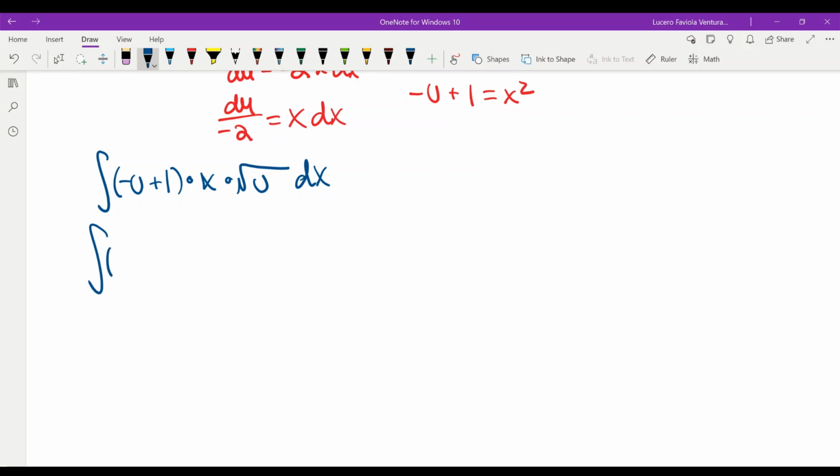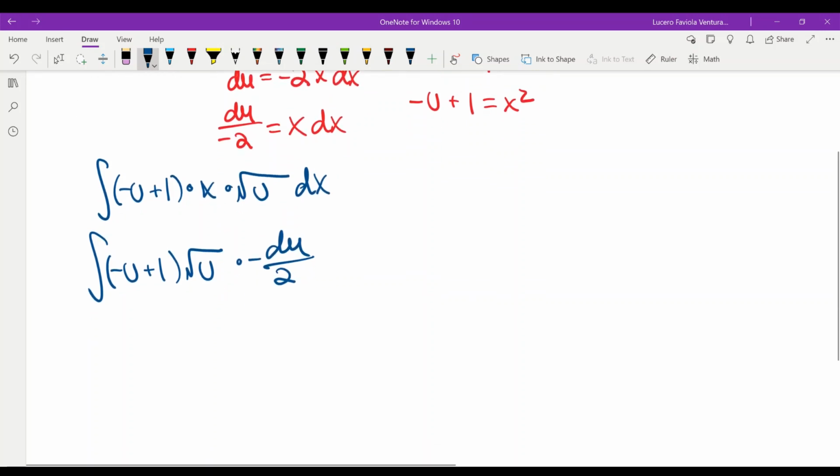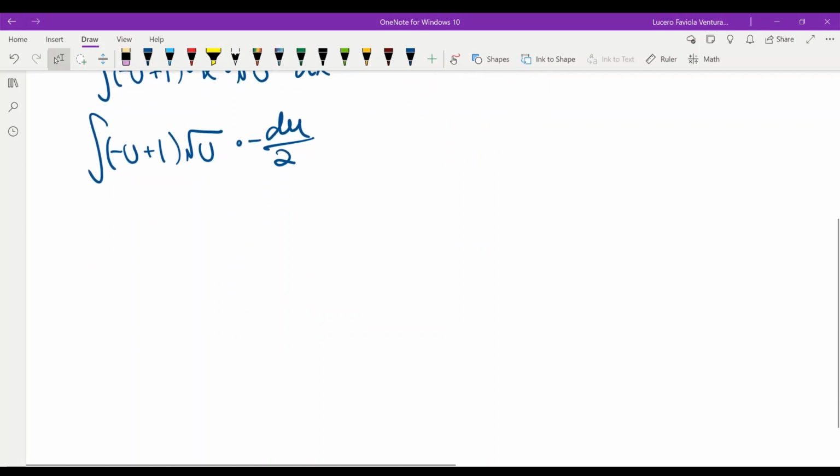And we get the integral of negative u plus 1 times the square root of u, and then multiplied by negative du over 2. So our negative 1/2 is a constant.